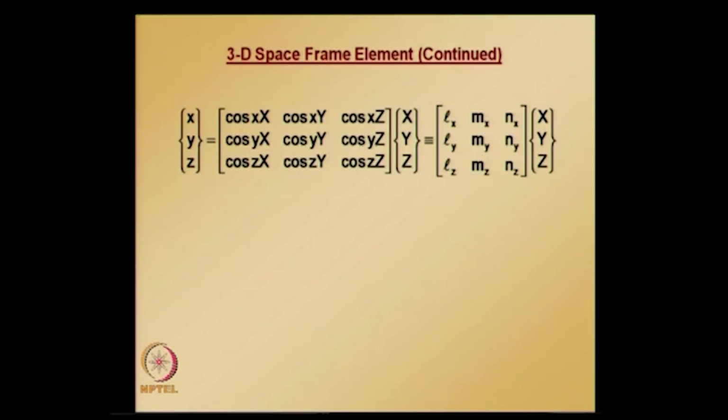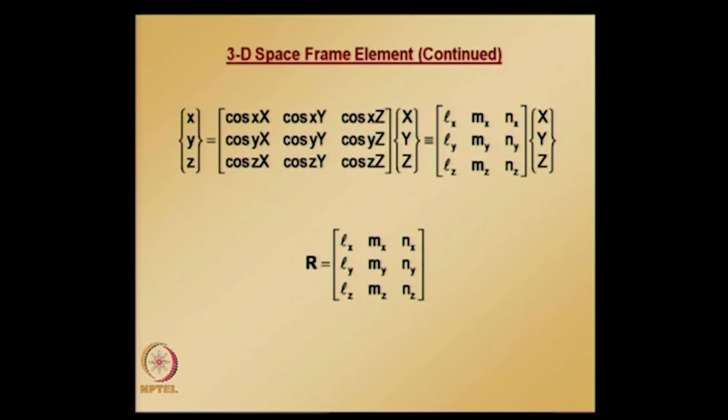So with this we can define a rotation matrix R like this, which consists of all the direction cosines. Lx is nothing but the cosine of the angle between small x and capital X axis.